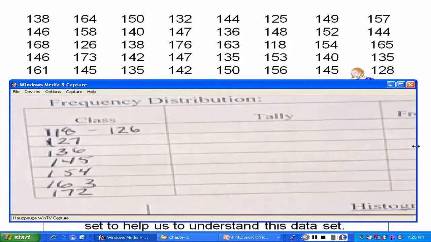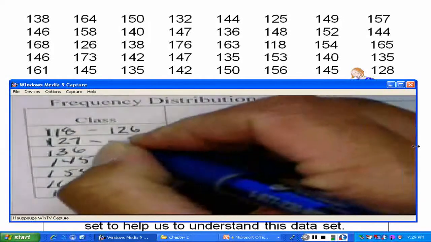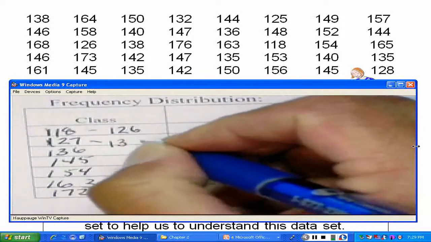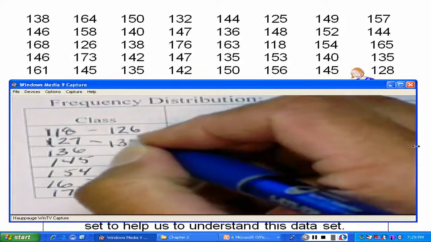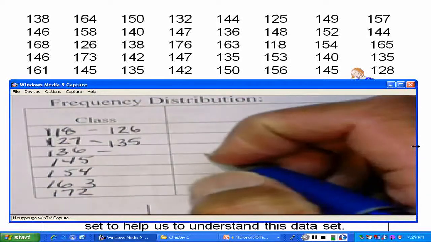Now, I have 126. How do I get this number? There's two ways. 135. And how'd you get 135? I added 9 to 126. Okay, good. You added 9 to that. 126 plus 9 is 135.